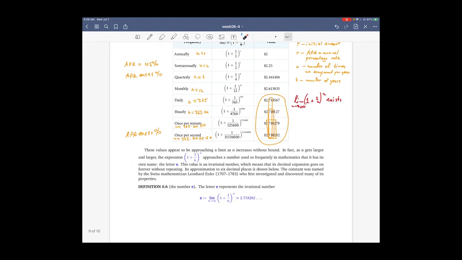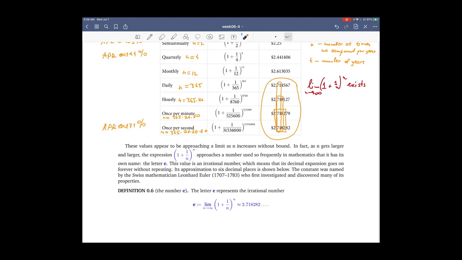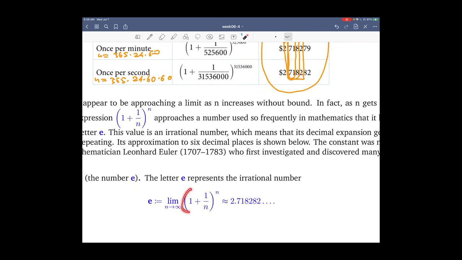In fact, this is a very special number discovered by the Swiss mathematician Leonhard Euler. He called that number e, and it's defined as the limit of 1 plus 1 over n to the power n. It is roughly 2.718282.